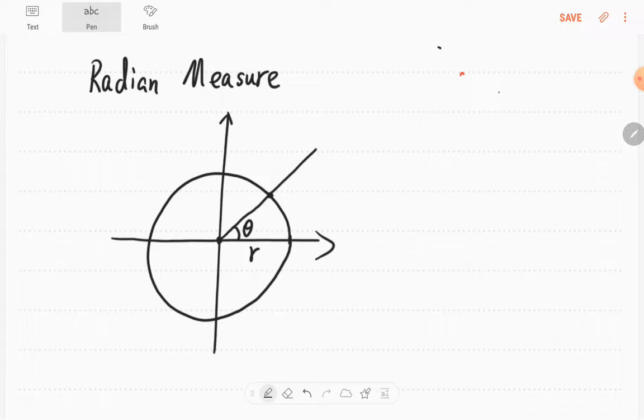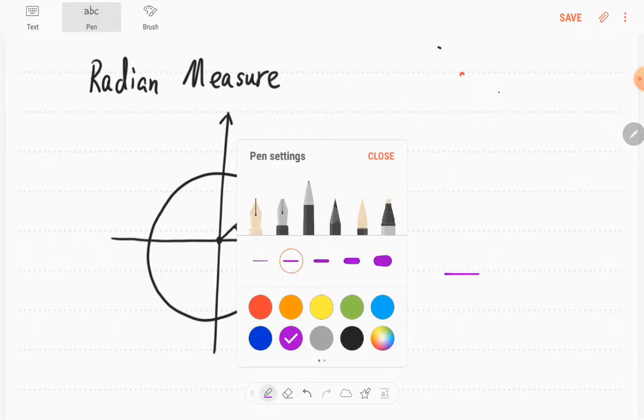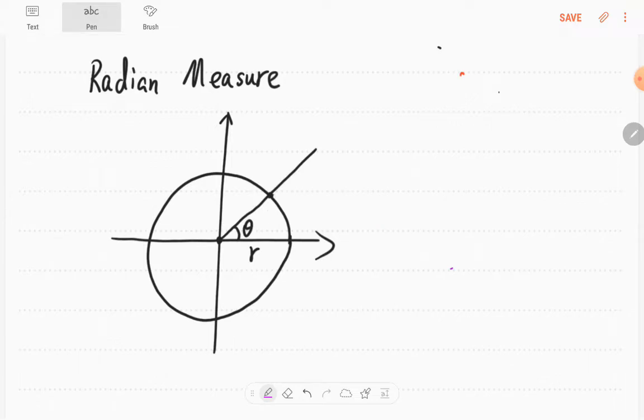If the length of this curve, which is called the arc length, is also r, then we say this angle is 1 radian.